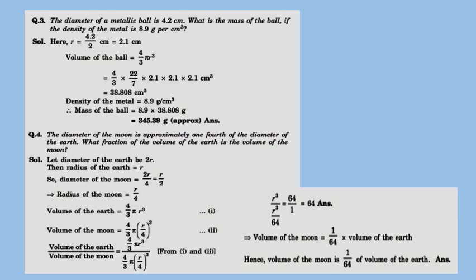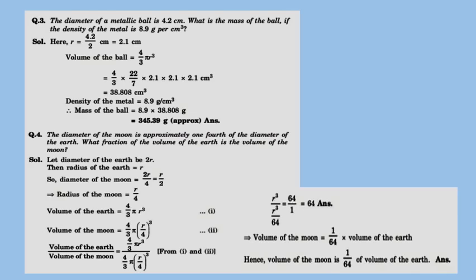Volume of the earth means what? 4 by 3 pi r cube. Now the volume of the moon, how will you calculate? 4 by 3 pi r cube, so in place of r, what is the radius of the moon? Radius of the moon is r by 4. So substitute r by 4 in place of r.